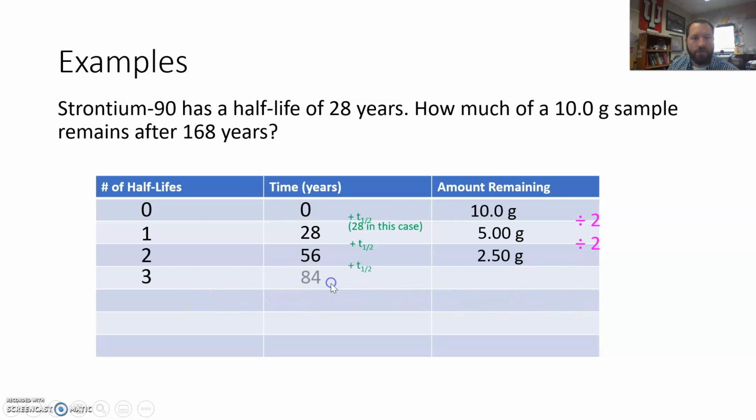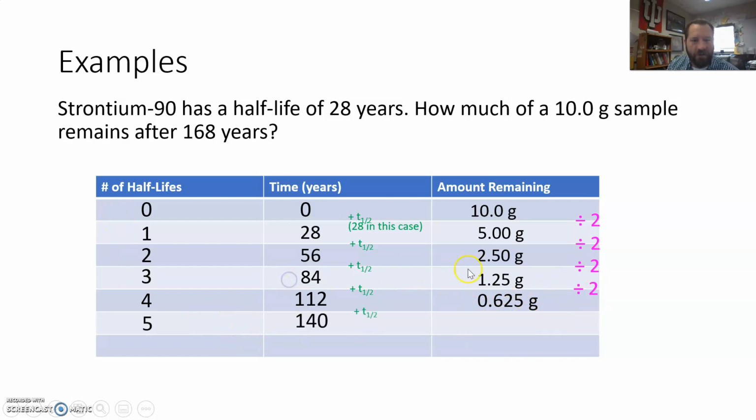After a third half-life, we had another 28 years. We're up to 84 now, and we're down to 1.25 grams of our initial sample remaining. After a fourth half-life, 112 years now, we're down to 0.625 grams remaining, half of 1.25.